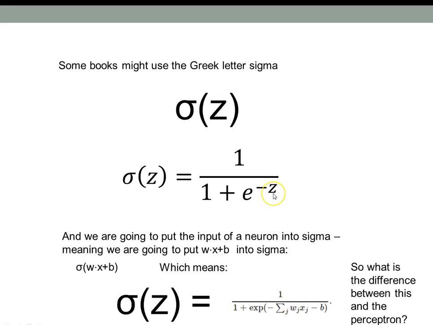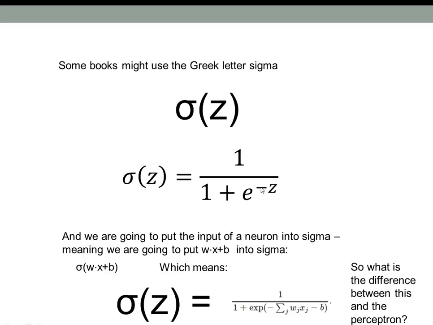Okay, so instead of this, we're putting in our input, so that this should go here. In other words, it should look like this. This just is another way of writing e. We write exp because this is just easier. You don't have to use superscript. So it's easier to type. That's all.